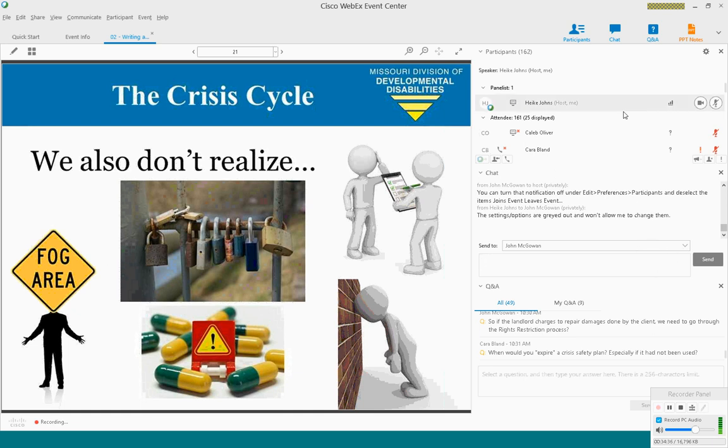So we have a tendency when we're training staff to do strategies to hand them a piece of paper, have them read it, and call that training. We also have to recognize that staff turnover is a constant issue. So people change jobs quite frequently. So it's highly likely that at any given moment we have somebody that's inexperienced working with the individual.